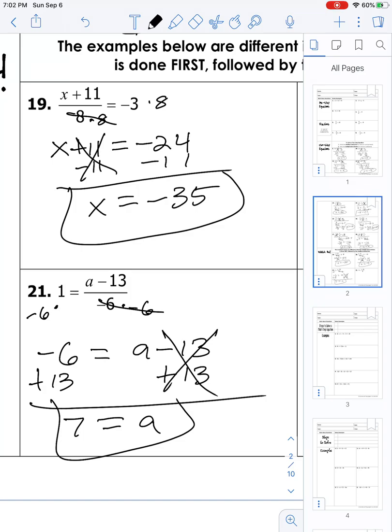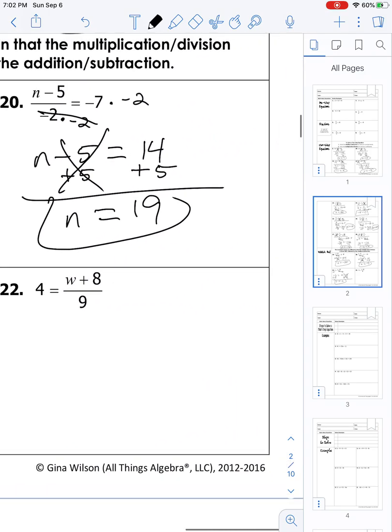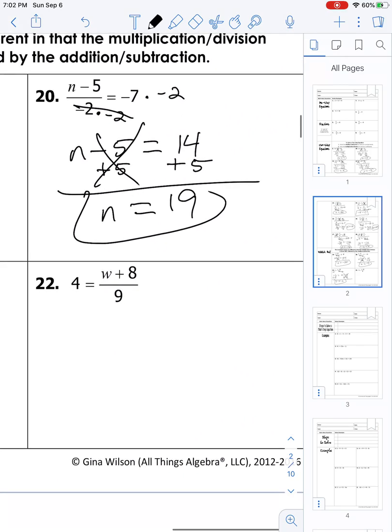Hopefully you're starting to get the hang of it a little bit. Last one, number 22. Okay, so once again, you've got a fraction. You want to get rid of the bottom of the fraction first. So we're going to multiply by 9 to get rid of the bottom of the fraction. 9 times 4 is 36.